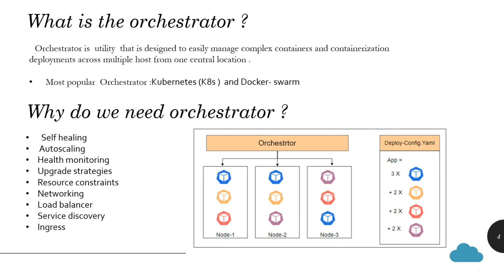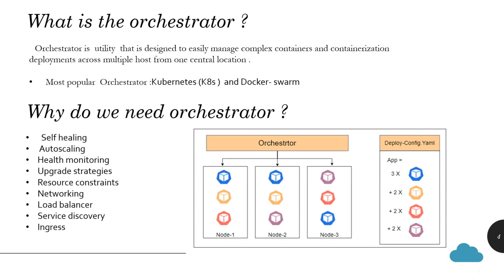So instead of human interaction, it's a utility to monitor the containers, and it's a kind of self-healing. There is a set of features: self-healing, auto scaling, health monitoring, and rolling upgrades without downtime.